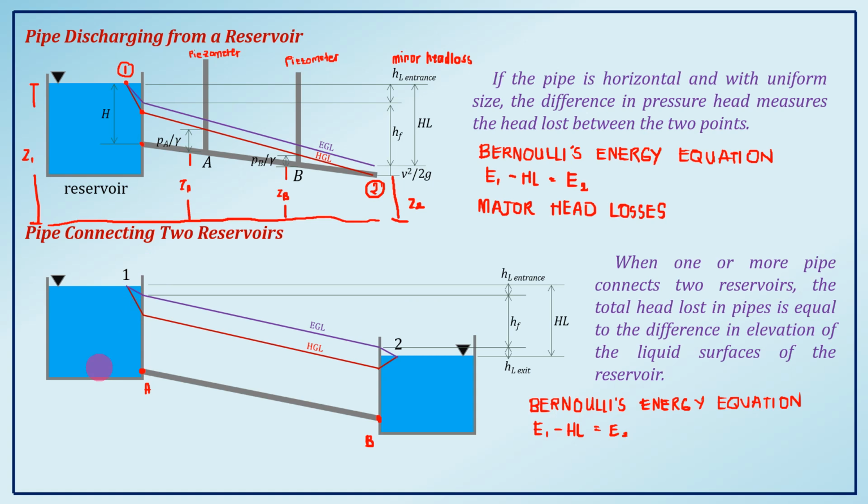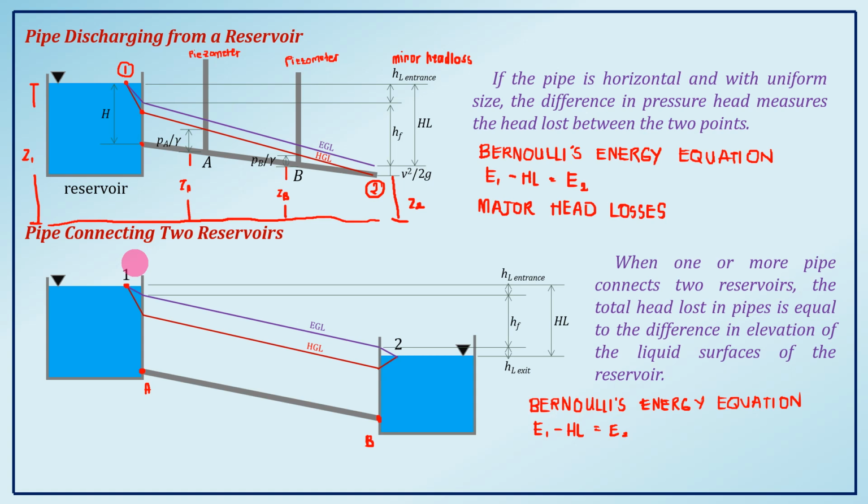So, again, for a reservoir, at this point we don't have pressure head, because our liquid is exposed to air. And we also don't consider the velocity head, because the velocity there is so small that we will not notice the lowering or rising of the liquid in the reservoir. So, we're not considering the pressure head and velocity head there.